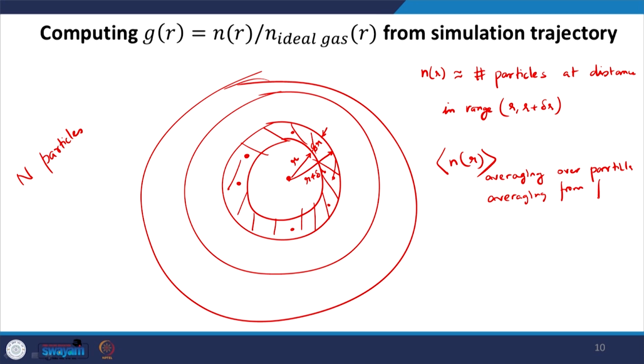This is essentially 2 kinds of averaging we are employing, and the reason why we are doing the first one is because we are not interested in any particular particle in the system. We are interested in knowing what is the probability of finding a particle at distance r from another particle. We are not labeling the particle in any particular way, and therefore, it makes sense that I average over the particles.